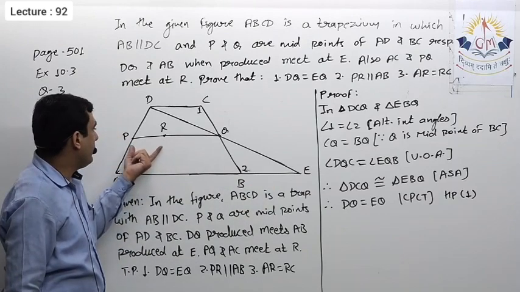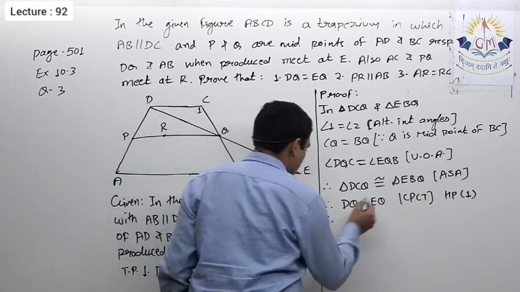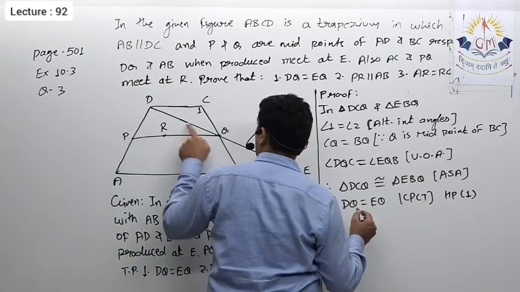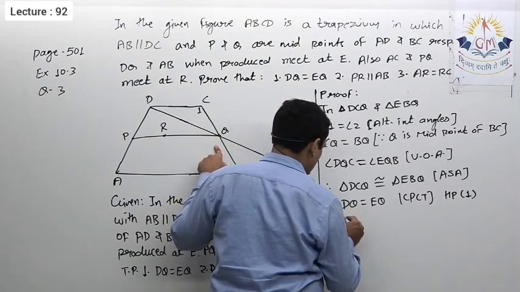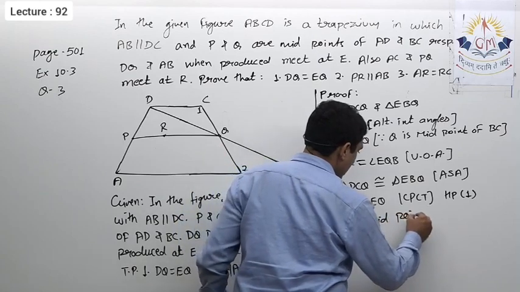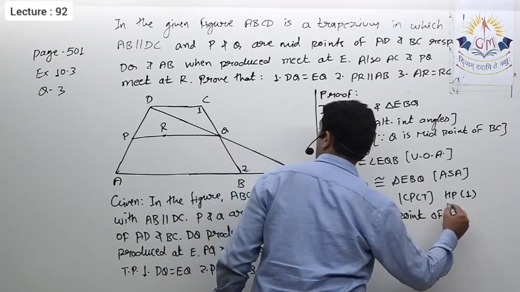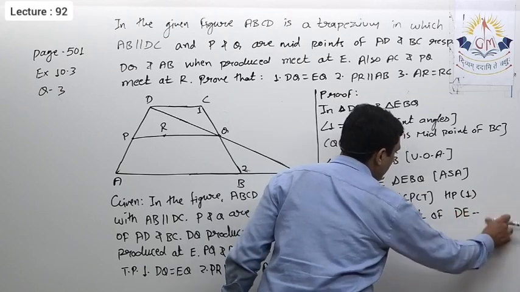So obviously I can say PR parallel AB. So therefore here I am writing DQ equal to EQ. Therefore Q is midpoint of DE. Let it be equation number 1.